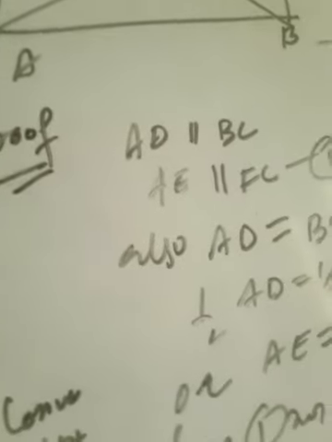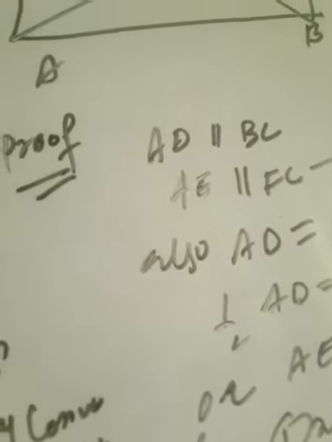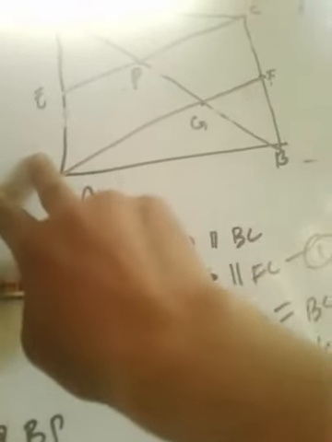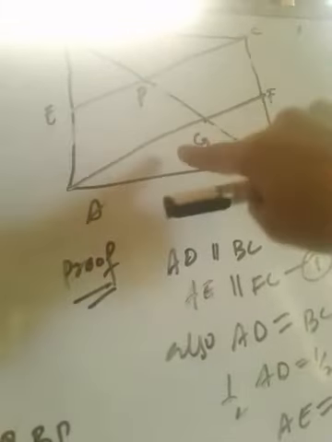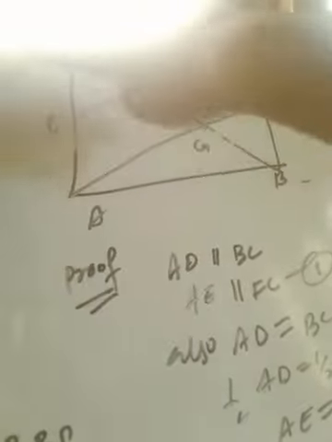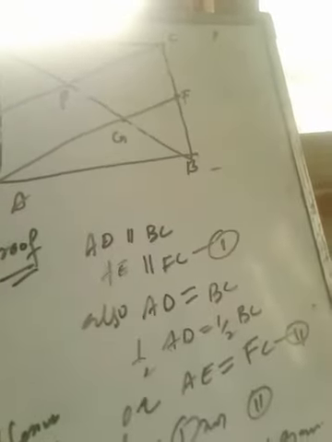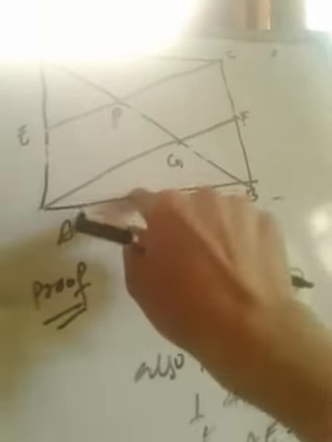GP equals PD. We can easily prove it again by making this parallelogram. Have a look. If you look at triangle DAB and GE, and again this is a parallelogram, this line is parallel to this.